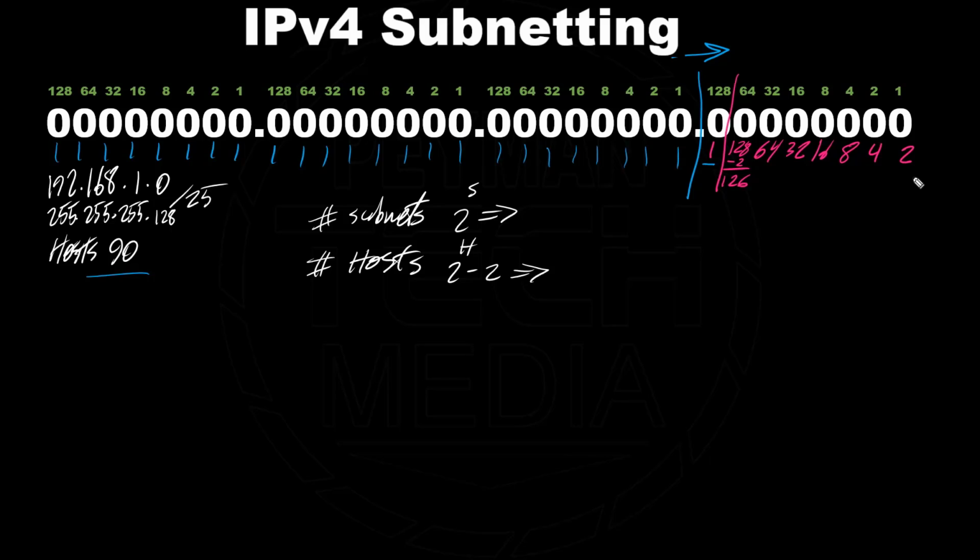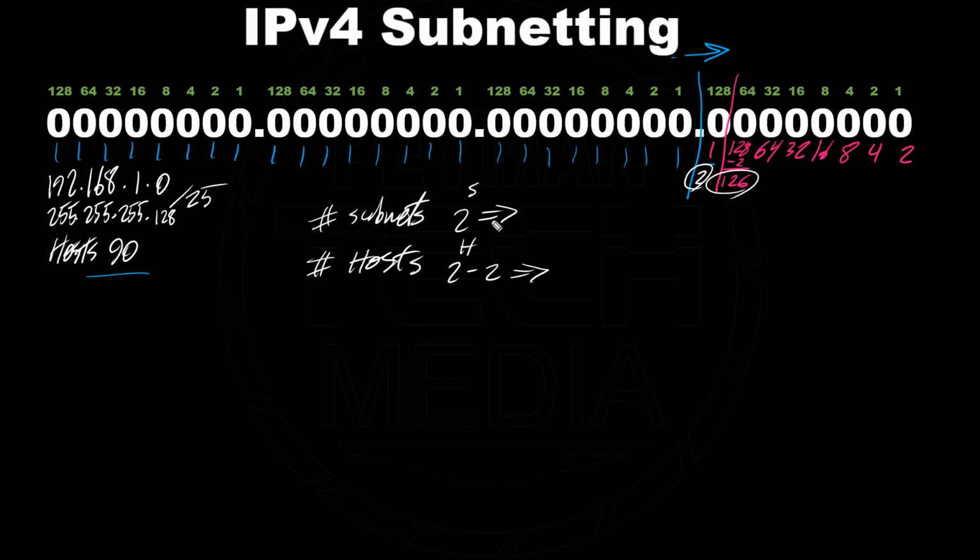Or in other words, if we count going from right to left, starting with 2, 2, 4, 8, 16, 32, 64, 128 minus 2, 126. These are the number of hosts. And the number of subnets, it's only 1 bit here we have. So going from left to right, starting with 2, that's basically gives us 2 subnets. And every subnet, we will have 126 available IP addresses.